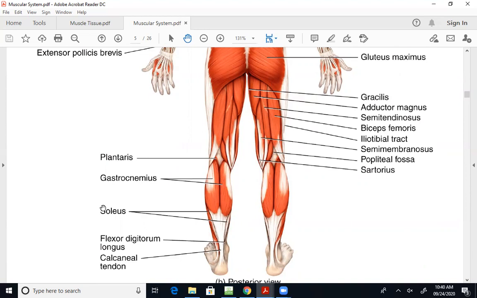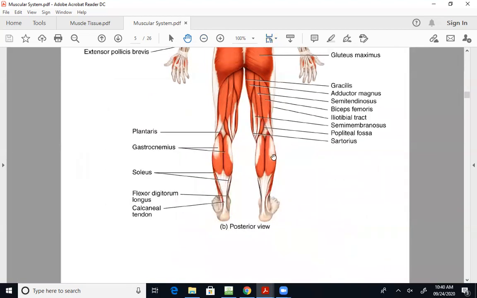Soleus is too hard, so I won't worry about that. Calcaneal tendon. And the other side is real easy. You just highlight everything.